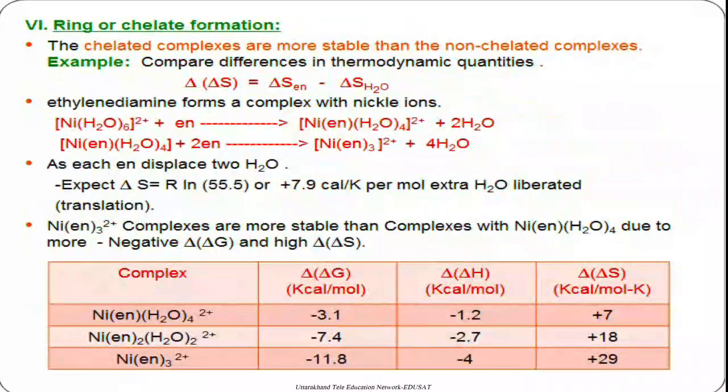Next very important heading is ring or chelate formation. Chelation means complexation takes place through rings. The chelated complexes are more stable than the non-chelated complexes. For example, compare the differences in thermodynamic quantities when ethylenediamine forms a complex with nickel ions.